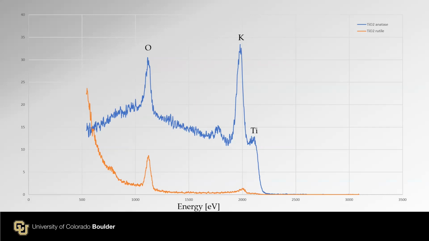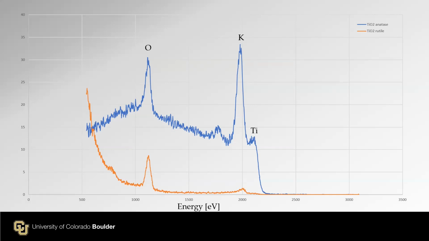That's the 99.8% TiO2 sample. The blue one is covered by potassium, and a little bit of titanium peak. Oxygen is there, so I assume it's covered with potassium oxide.